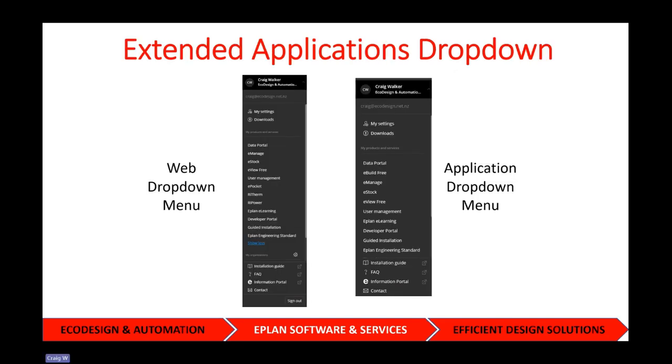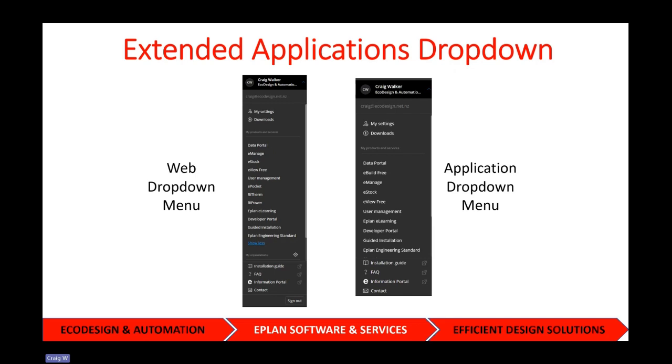As an extension to that, there is a drop-down menu, which gives you even more applications. So everything that's available, or everything you can use within the ePlan Cloud, you'll be able to find on your drop-down menu. Another thing to be mindful of is even the drop-down menus have different offerings, depending on whether your P8 or Pro Panel application can automatically use some of the features or applications with the ePlan Cloud.